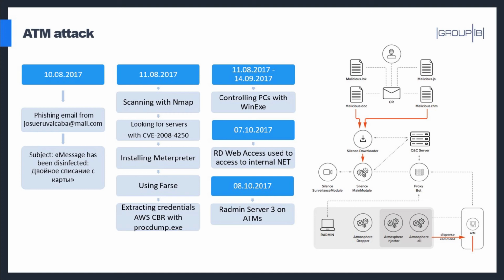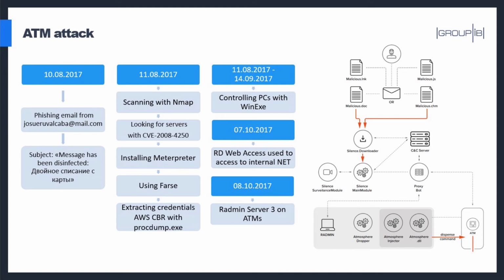On October 8th, they set up a remote control program named RAdmin on ATMs and withdrew about 100,000 United States dollars overnight. During this attack, they used a unique utility to control the ATM's dispenser called Atmosphere.